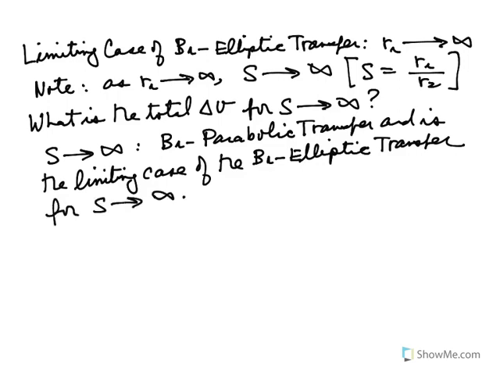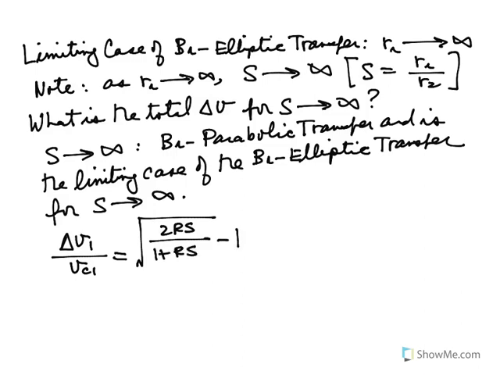Now, to see what happens when S approaches infinity, let's go back and look at these delta V's. Delta V1 divided by VC1 is equal to the square root of 2RS all divided by 1 plus RS minus 1.